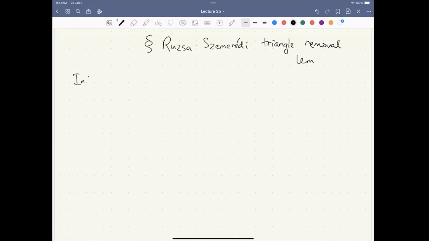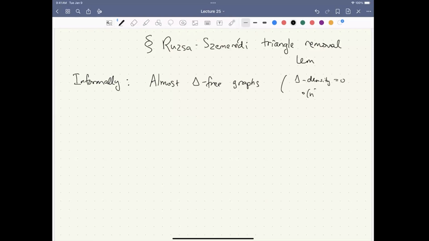Informally, what it says is the following. It's saying some very intuitive thing that for any graph, almost triangle-free graphs. By almost triangle-free, it just means the triangle density is 0.